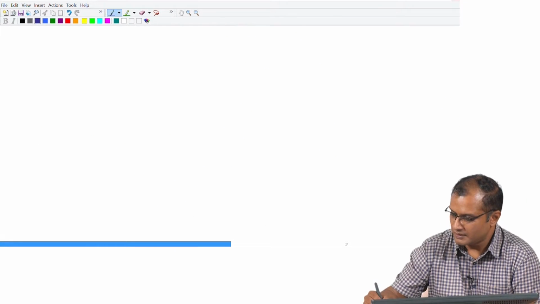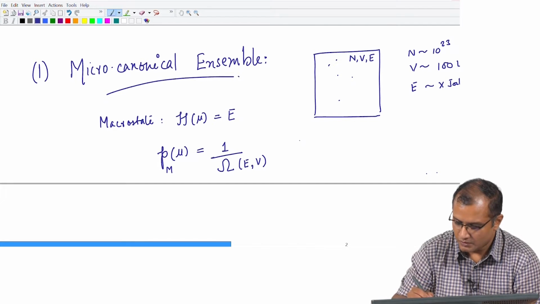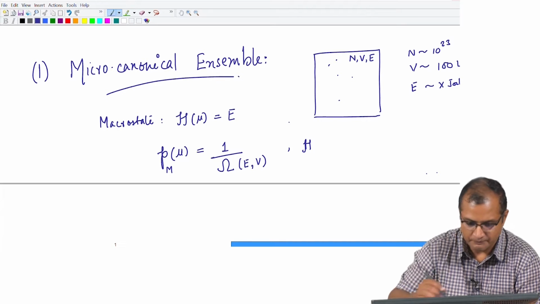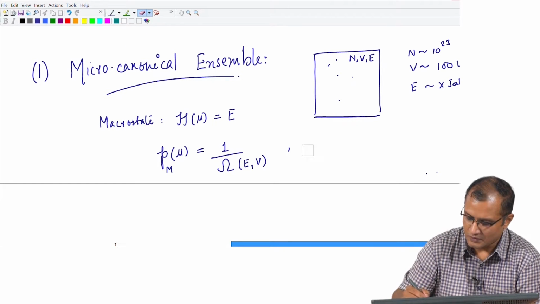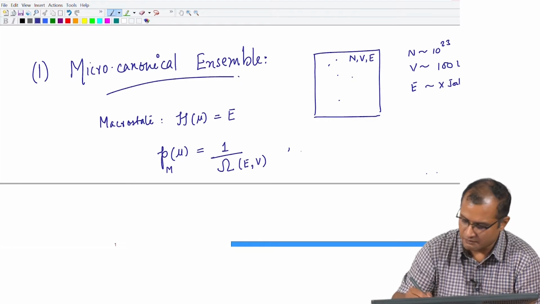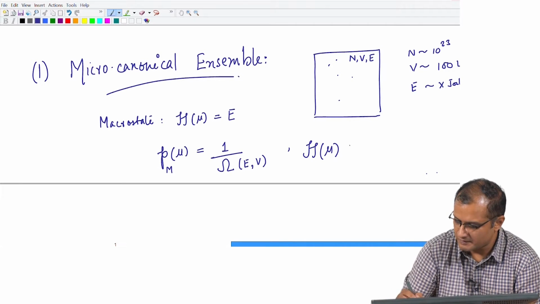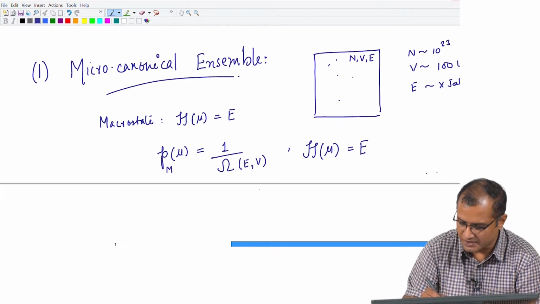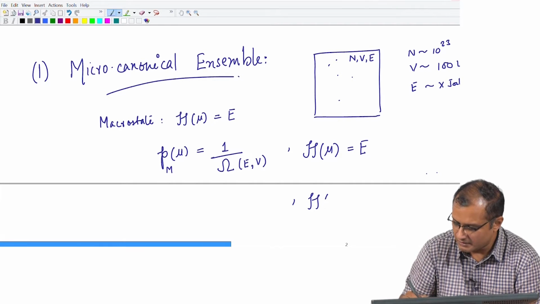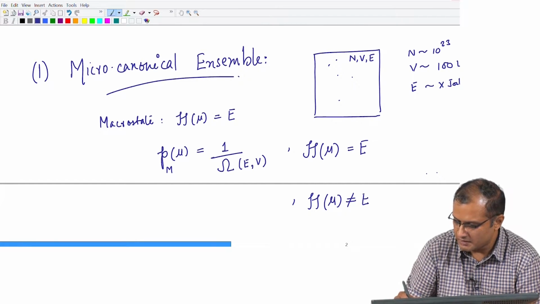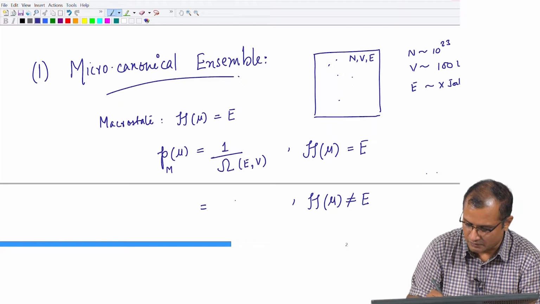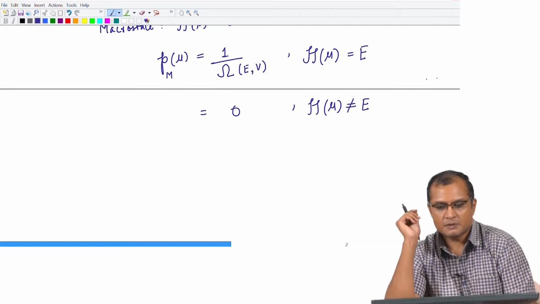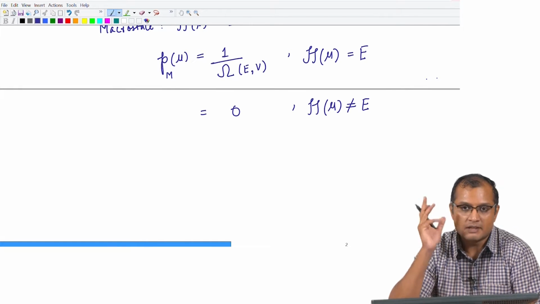And the moment we pick a microstate where the Hamiltonian is not equal to E, we say the probability is 0.